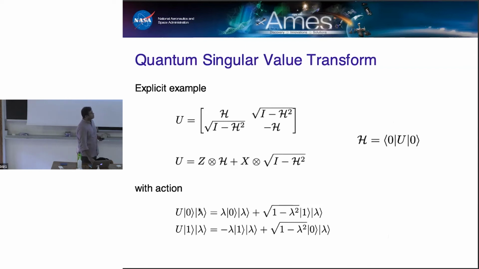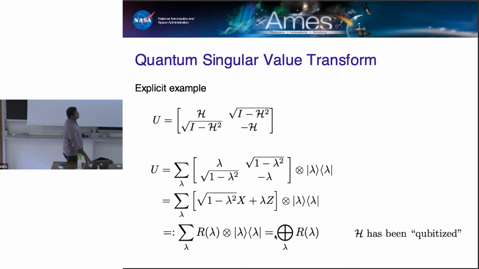Its action on these basis states, where 0 and 1 are the basis states of the ancillary qubit and lambda are the eigenstates of this Hamiltonian: if the second register is in the state that diagonalizes the Hamiltonian, then this is the action of that U.